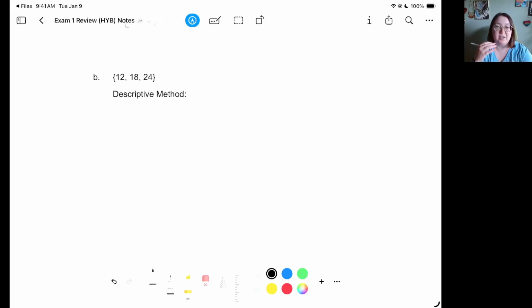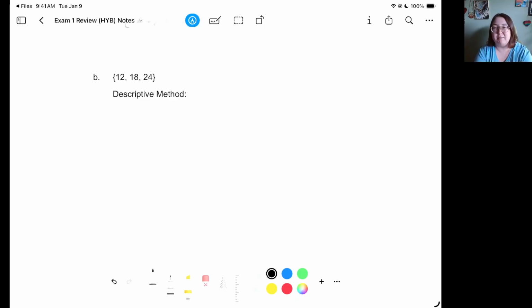We definitely see, okay, they're even numbers, which is good. But if we just start off by saying that they're even numbers, there are a lot of other even numbers that we're kind of avoiding, between 12 and 18. There's also like 14 and 16. And then between 18 and 24, there's 20 and 22. So they are even numbers, but it's even more than that. There's something else with them.